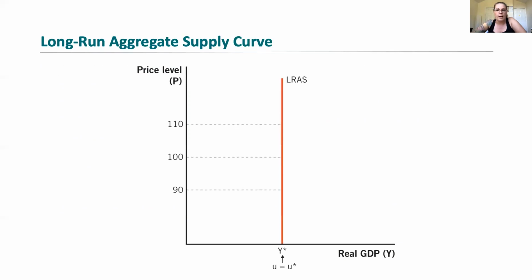The long-run aggregate supply curve is going to be vertical at what we're calling Y star. This is the real GDP level at which unemployment levels are equal to natural unemployment only. As the price level changes, the long-run quantity of goods and services, the aggregate supply, does not change. It's always at the full employment level of output, whatever that be.